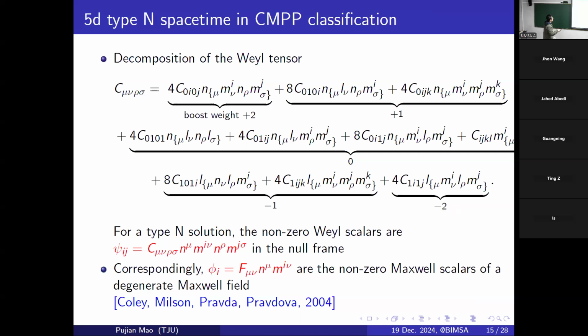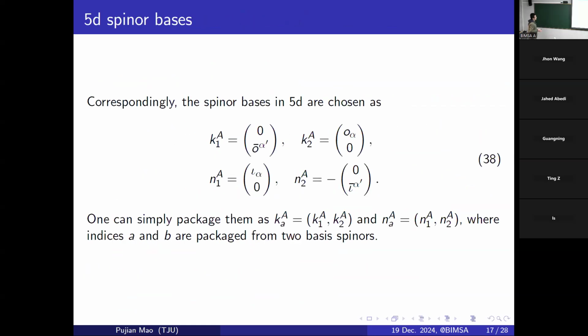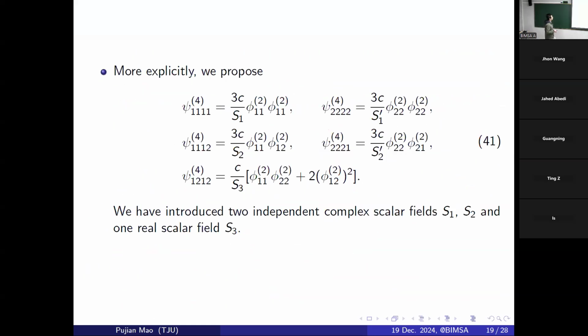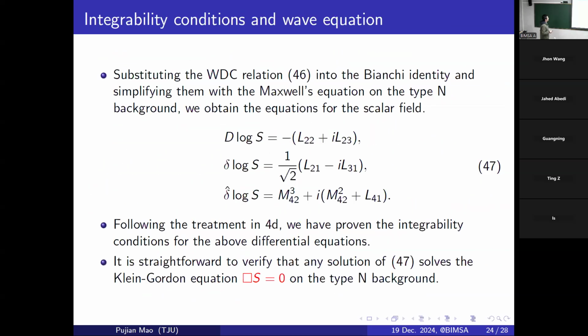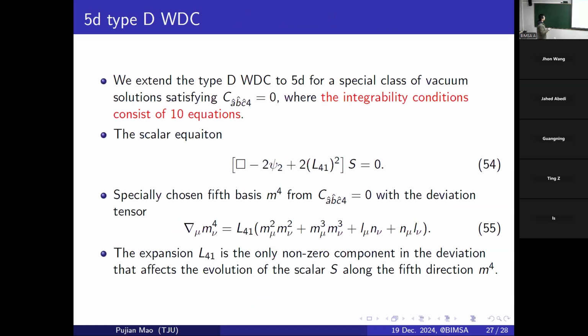For type D, you have all the 4 pieces. It's very complicated, so we decided to turn off some of them by hand. We test if in this reduced case we can recover a Weyl double copy relation, and we succeed.